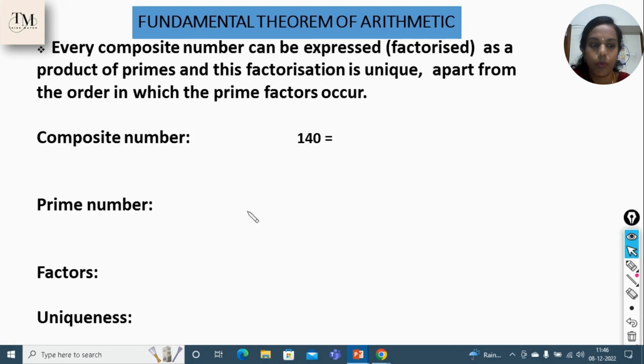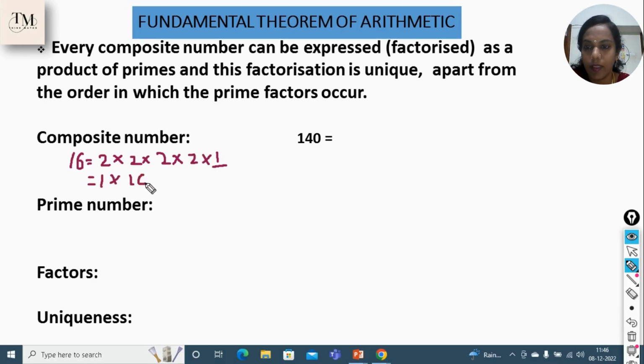So what is a composite number? Let us take a number 16. So 16 can be expressed as 2 into 2 into 2 into 2 into 1. A composite number is divisible by 1 and itself, that is 1 into 16, and some other numbers also.